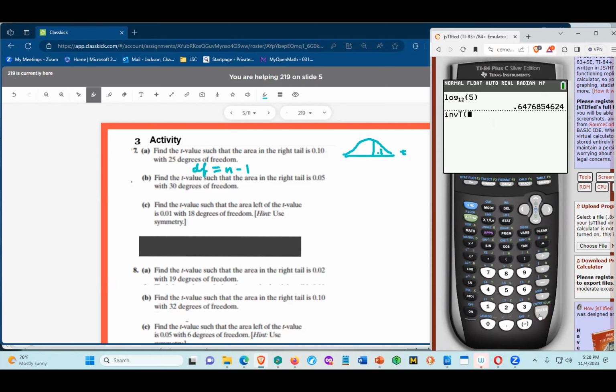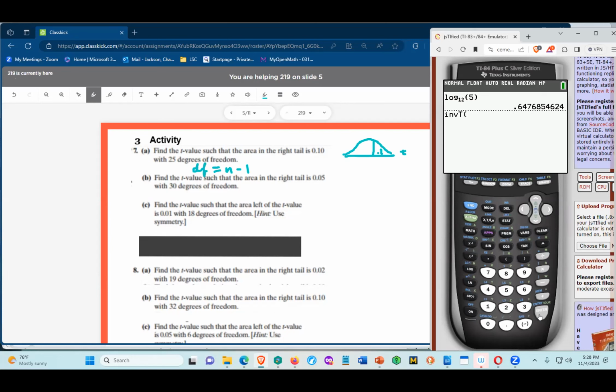Those are the only real ways to do it. But the 84 does have inv t. Now, I believe it wants, now I have to remember the arguments. It has to have area, and I think it wants area in the left tail, and of course a number of degrees of freedom.